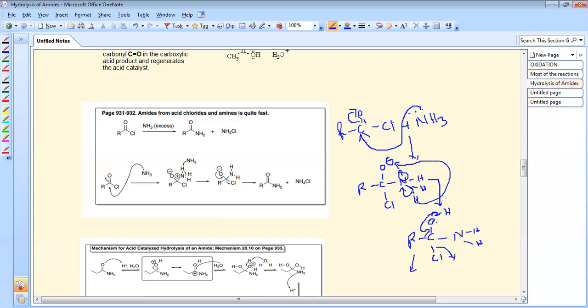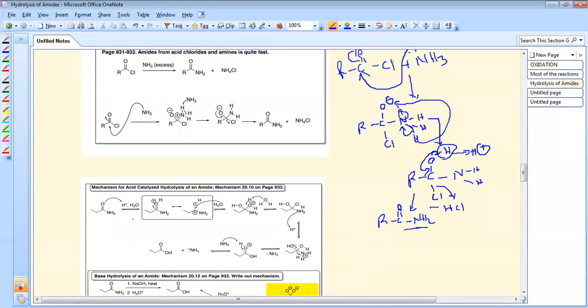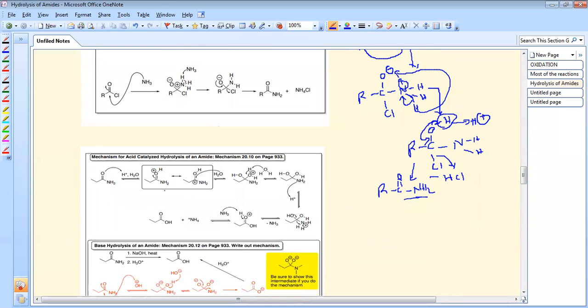From here H plus is going out, and here Cl minus is going out. That H plus and the Cl minus both will form HCl, and we get our desired product, that is the amide. So this is known as the ammonolysis reaction.